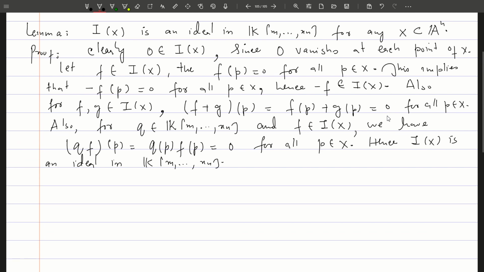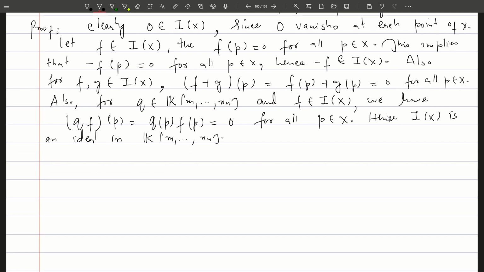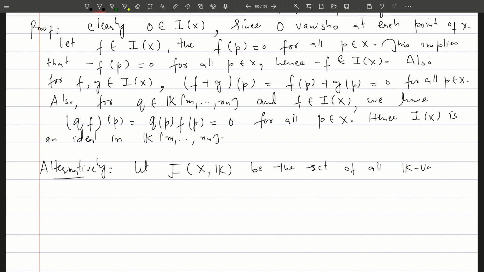So there is an alternative way to prove this is an ideal. Alternatively, let us consider this F(X, k), defined as the set of all k-valued functions on X. Then this set is a ring with respect to the pointwise addition and multiplication of elements in this set.